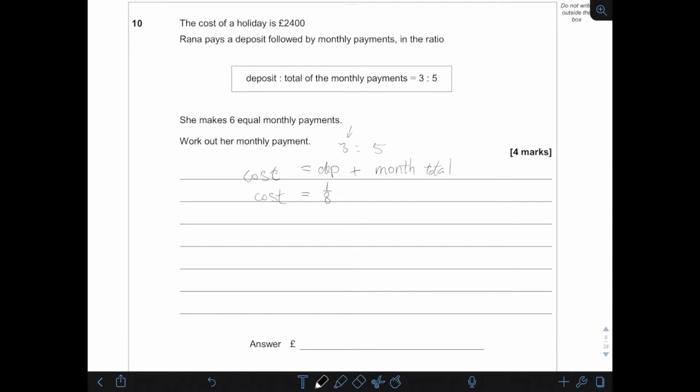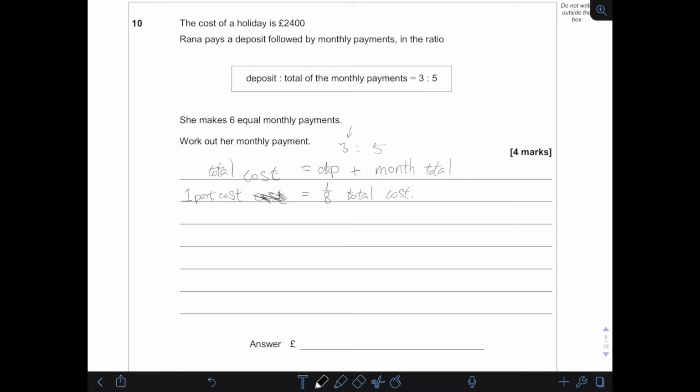Because there are 8 total parts that it's been split into. Sorry, that's a poor notation. So 1 part cost is 1/8 of the total cost.